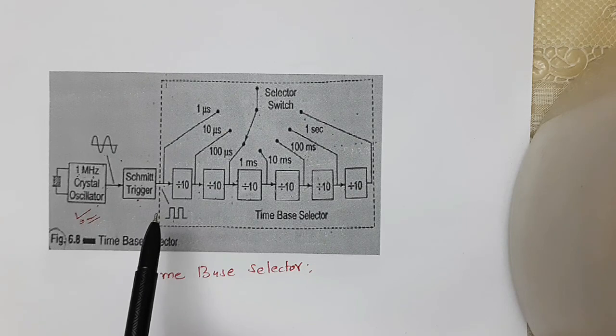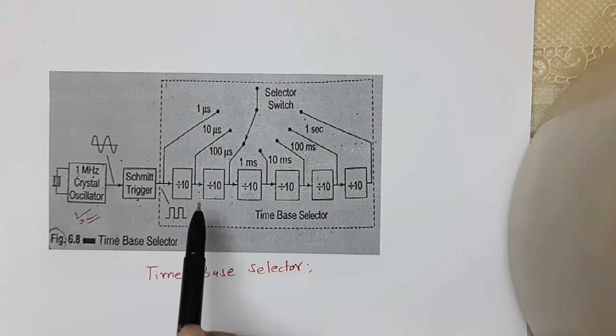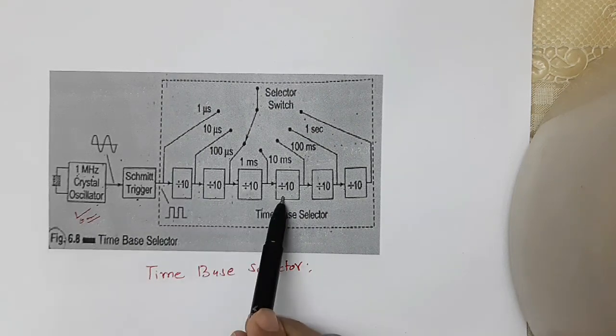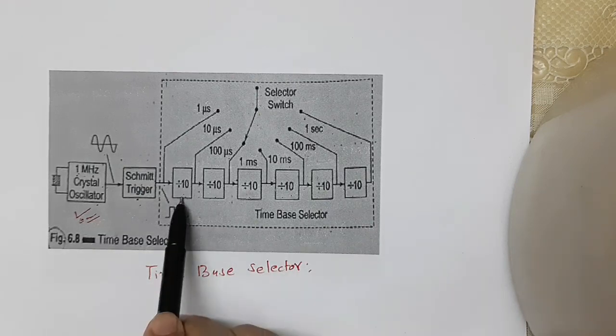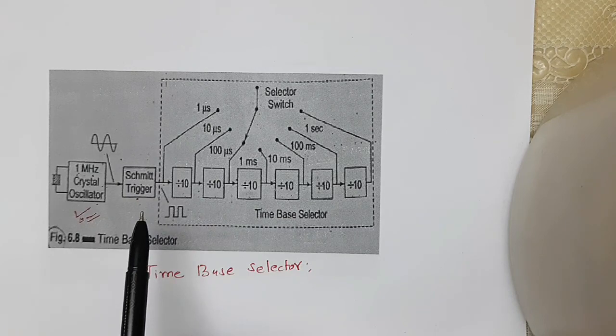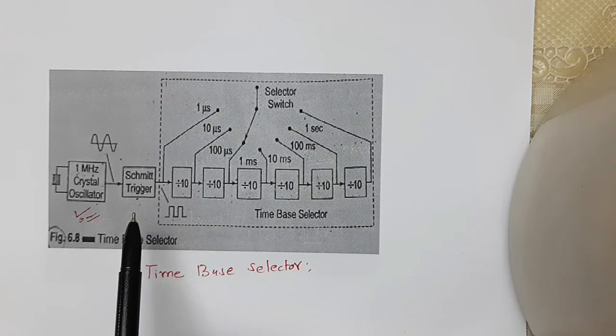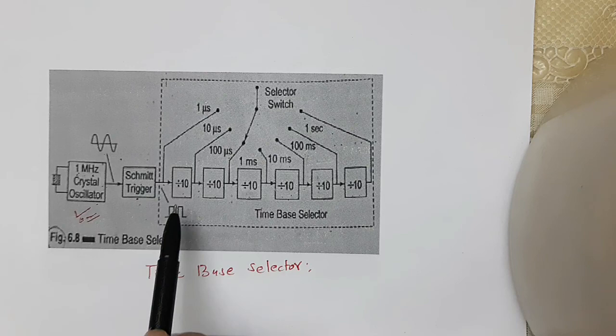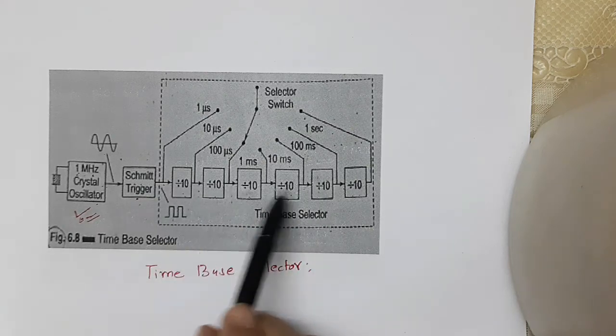The train of pulses then passes through a series of frequency divider decade assemblies, DDS. This is your frequency divider decade assembly, connected in cascade.